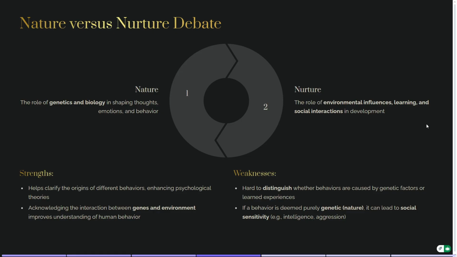Let's say, for example, if you inherit a particular gene that makes you tall, that is nature, right? Looking at the study of monkey toy preference, where the monkeys did not really have any socialization as regards which toy they should play with.